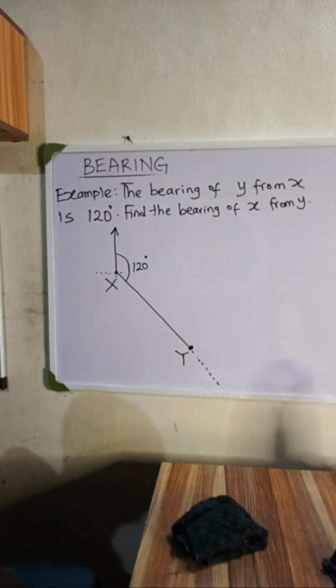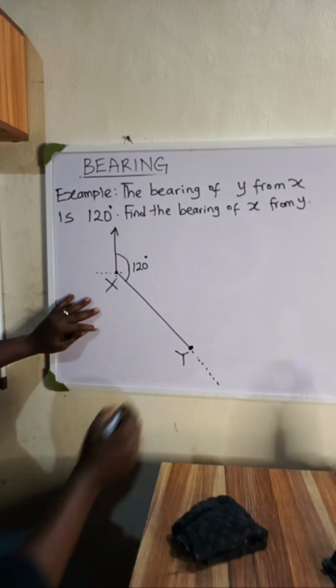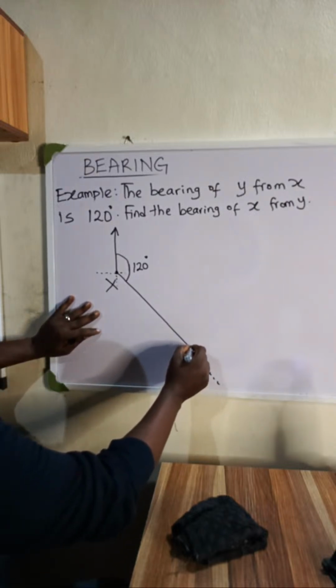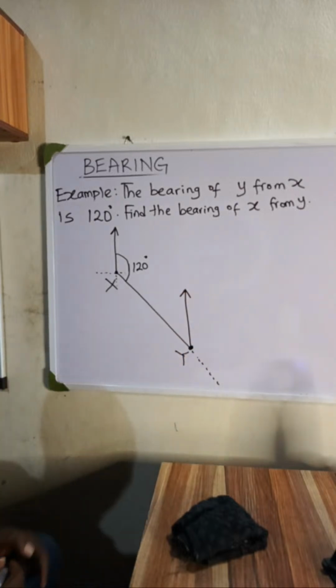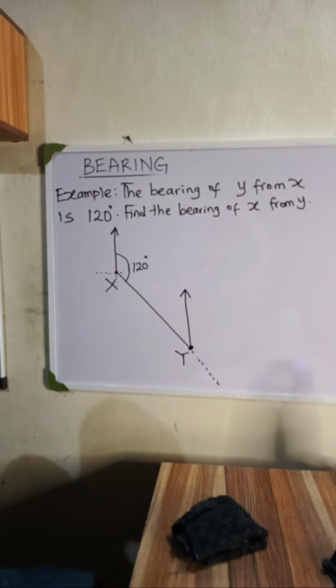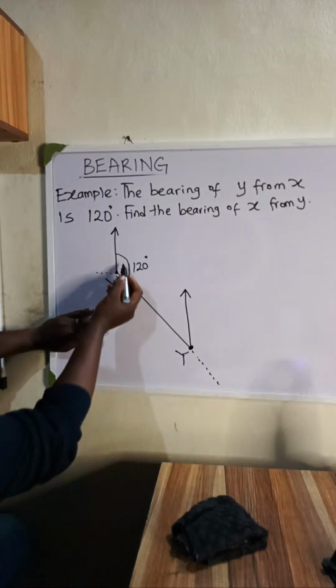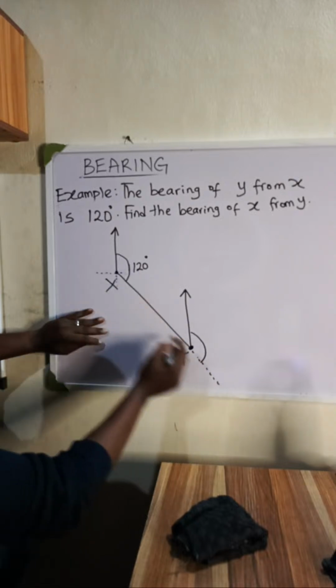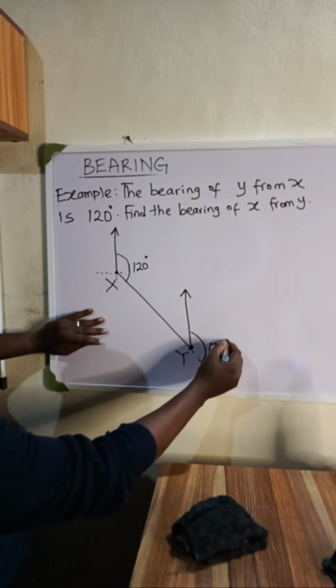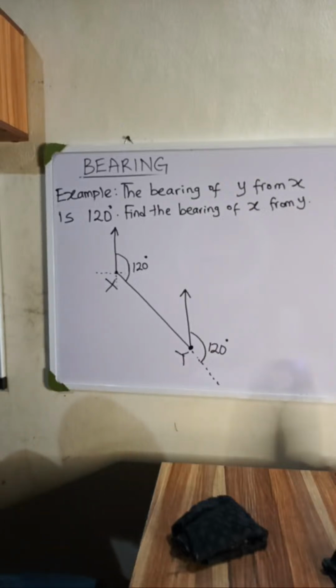The answer is no. We can't continue in that direction, right? So what are we going to do? We know that if we continue on this journey, this bearing, we already know it to be 120 degrees.